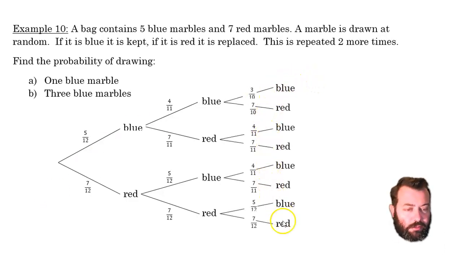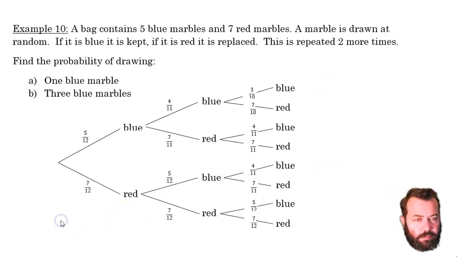So here we go. There's the last of the stages with those probabilities. 3 in 10, 7 in 10, 4 in 11, and 5 in 12 here. Okay. So that is each of those 3 stages with the probability of each event listed on the branches. Now I should list my outcomes here at the end.